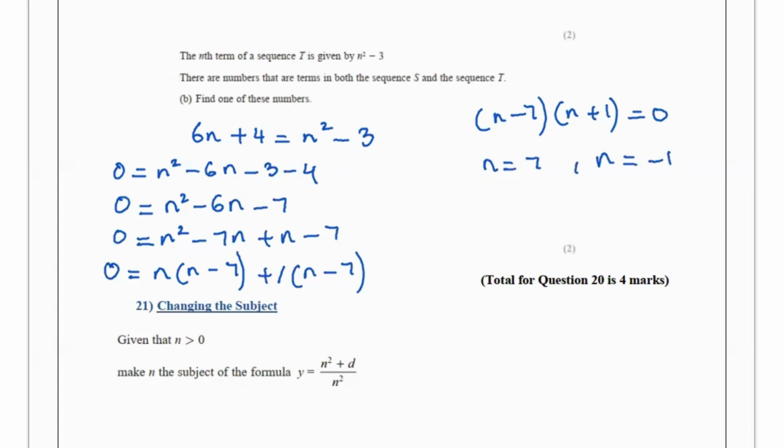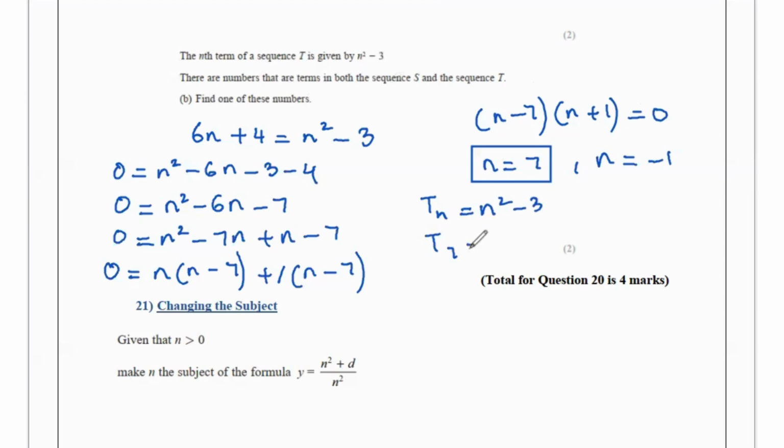Obviously, the number of terms cannot be negative, so 7 is your value of n over here. Now, we substitute n equals 7 into either of the equations. So put it in n squared minus 3.